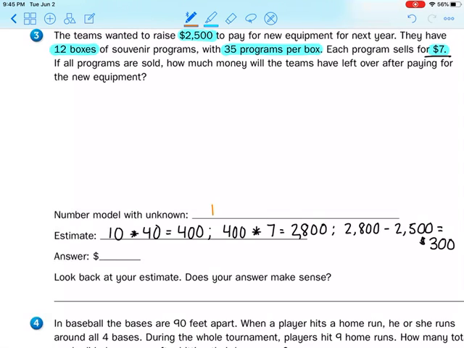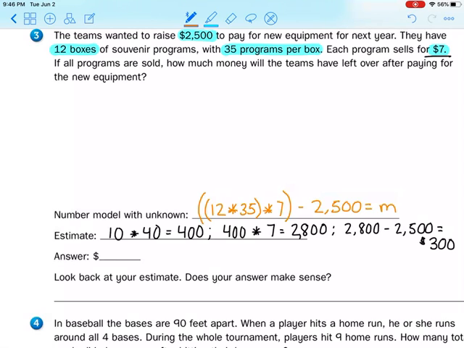It would be the 12 boxes times 35, and I'm going to put that in parentheses. Then whatever that total is, I would multiply that by 7 because it's $7 per program. And then I would subtract that by the cost of the equipment, which is $2,500, and you would get, let's say M for money left over.